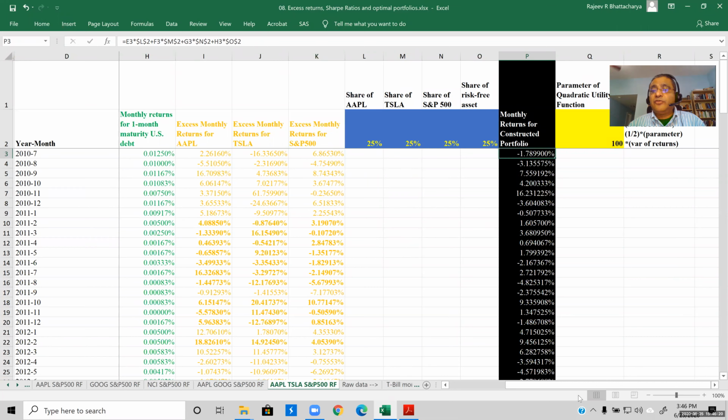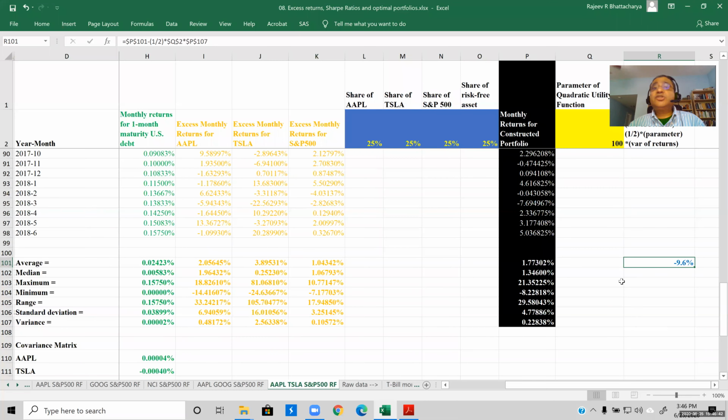From that, we obtain the average of the constructed portfolio, the volatility, and the variance of the constructed portfolio. This here gives you P101, which is the average of the portfolio, minus half times Q2, which is the parameter of the quadratic utility function, times P107, which is the variance of the portfolio. All right, we got that.